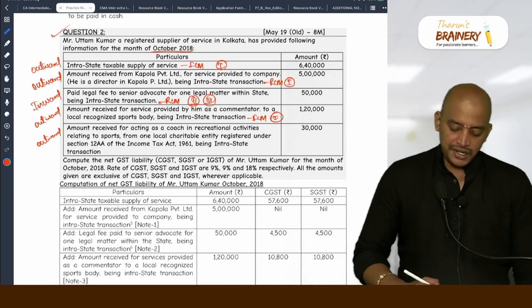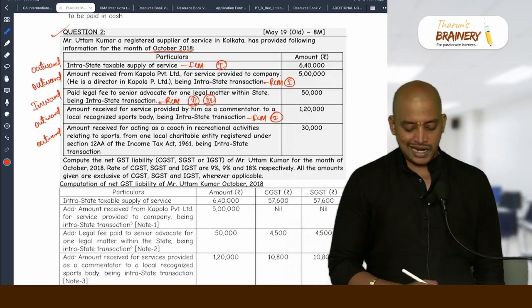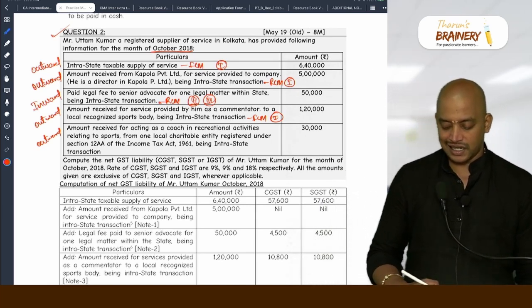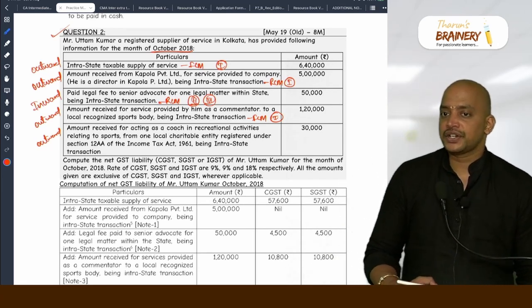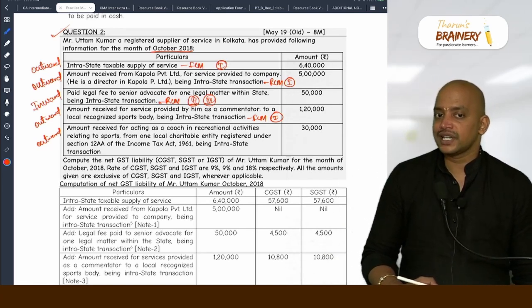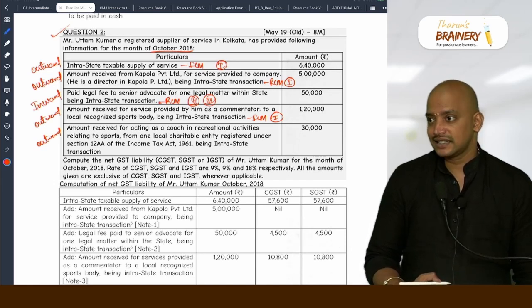Amount received for acting as a coach in recreational activities relating to sports from one local charitable entity registered under section 12AA of the Income Tax Act, being an intrastate transaction. What is this? Service in relation to training or coaching in recreational activities relating to arts, correct? Arts by an individual, sports by a trust.